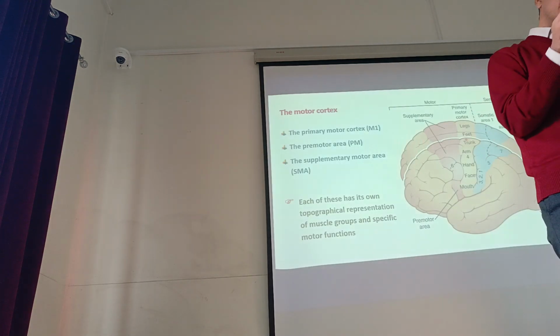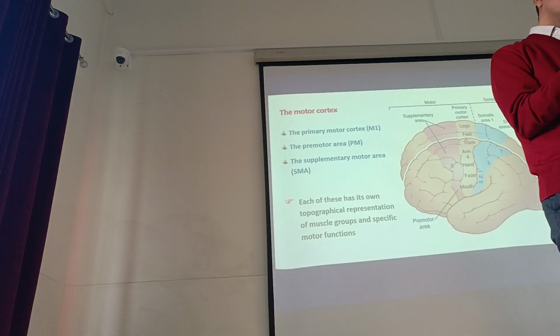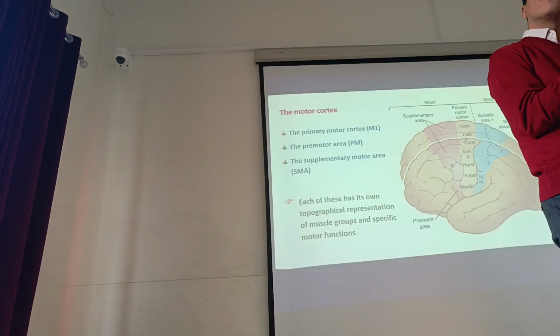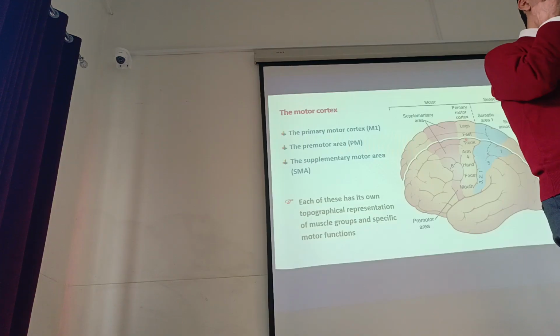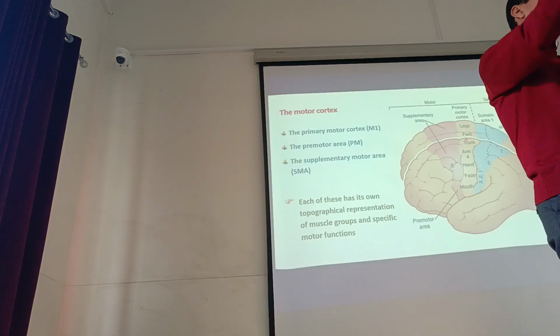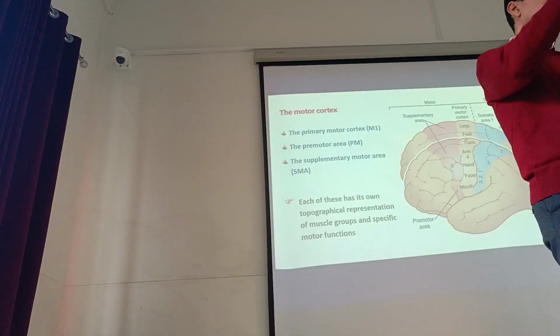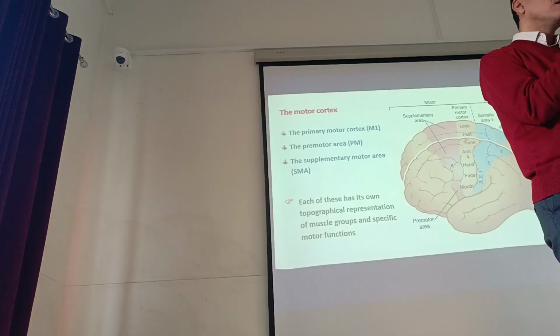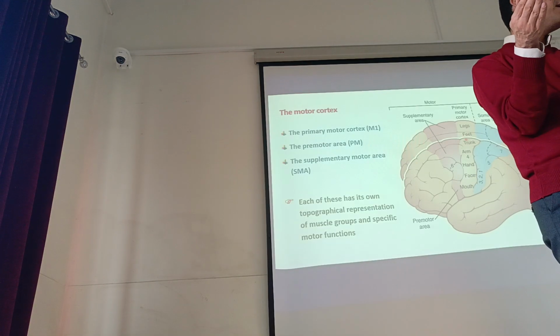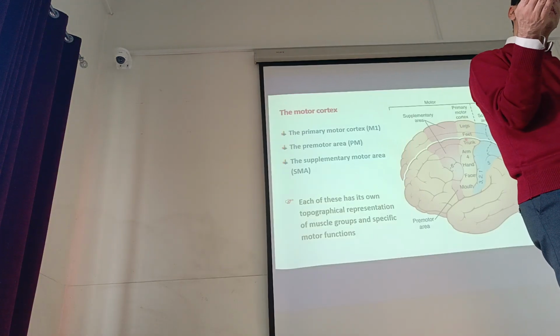So now imagine that we stimulate neurons that are related to the face, right? When neurons related to the face are activated, we'll see a movement in the face, right? So they cause contraction of muscles in the face. But remember that we have contralateral connections. If we stimulate neurons on the right side of the brain, the movement happens in the left side of the body.